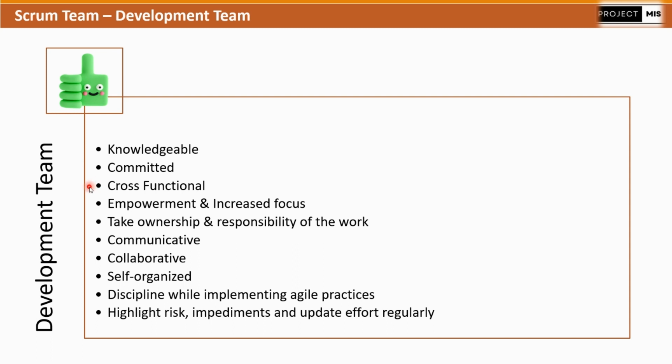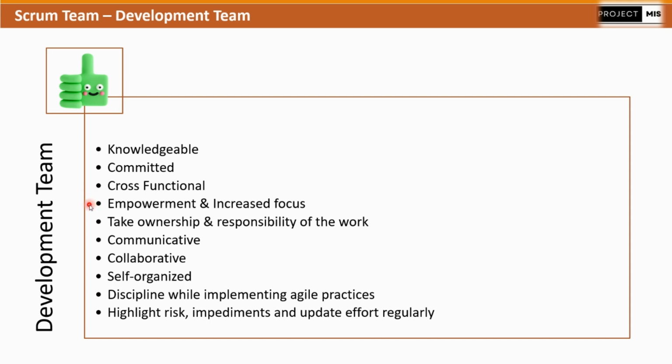The development team has to be cross-functional. This means that when the team is being formed, whatever technical stack is required for the development, we have to make sure that the development team has all those technical stacks as their skill set, so that the team can work among themselves without having dependency on anyone else.